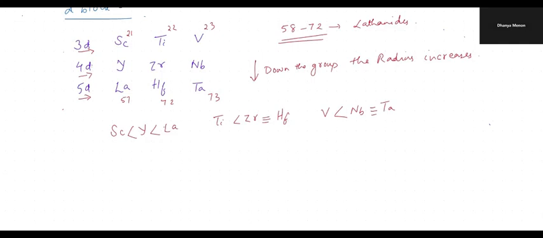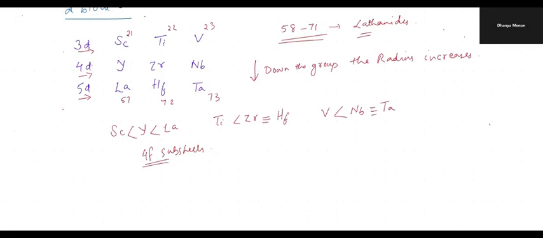Now, lanthanides means 4F subshells come into play. Lanthanides are from 58 to 71. So, the 4F subshells come into play.